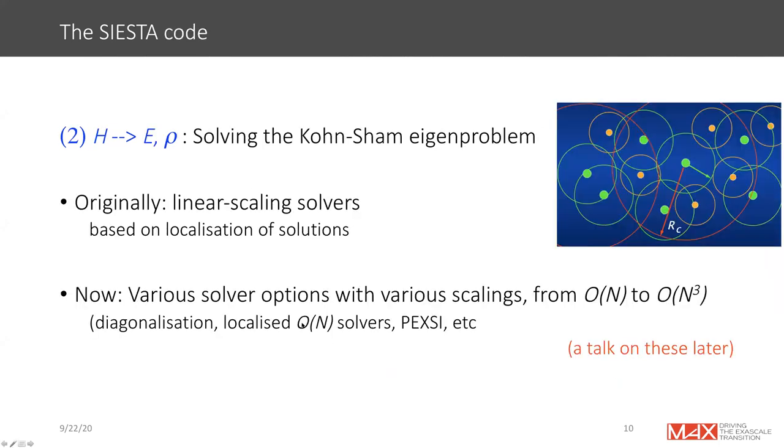Then there is a second step, which is, given the Hamiltonian matrix and the overlap, you want to get the energy and the density itself, that is solving the Kohn-Sham eigenproblem. Originally, Siesta was devised with linear scaling solvers that were based on localization of solutions.